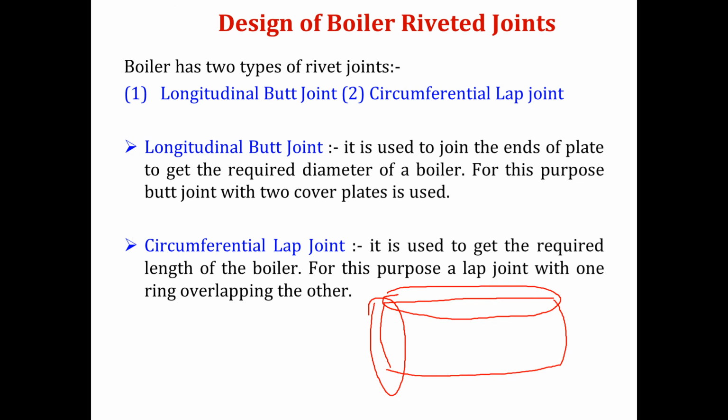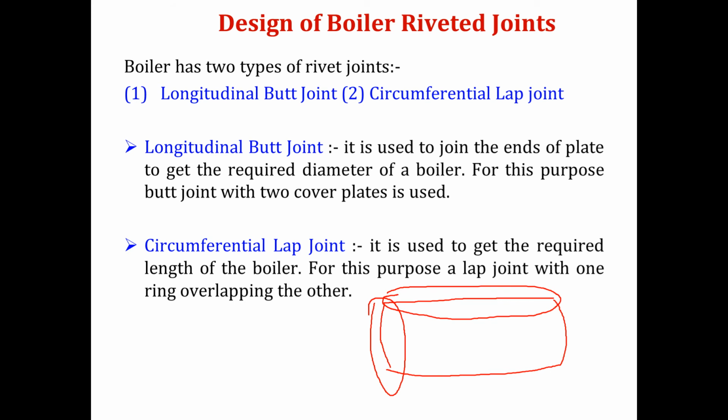So normally there are two types of rivet joints we use according to the shape of the boiler, since a boiler consists of two parts, the longitudinal part and the circumferential part. The two types of boiler rivet joints which we use are the longitudinal butt joint and the circumferential lap joint.